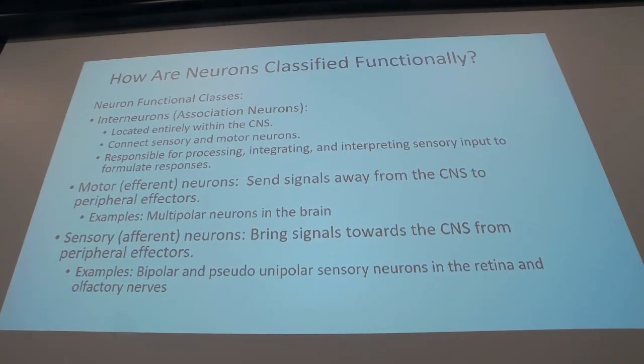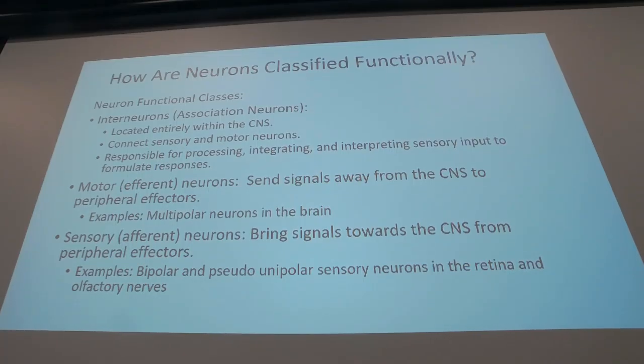And then we have sensory or afferent neurons that receive information from peripheral portions of our body, like the skin, muscles, and joints, and then send that information into the CNS. They're afferent. Another way to remember is arriving. These connect into the posterior part of the spinal cord.